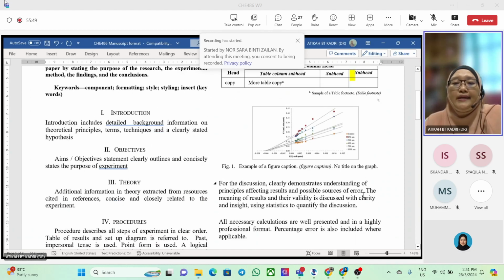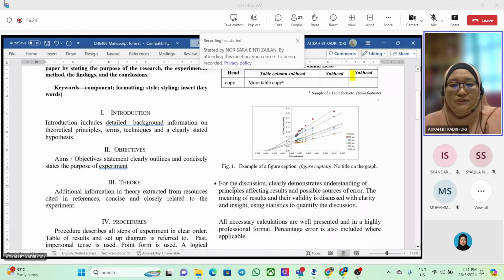Now, where do we put the chart and the table? We want the charts and tables positioned as close as possible to the discussion. For example, if you want to talk about this chart, you present this chart, and following that chart, you write the text.